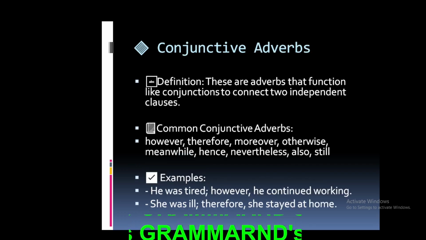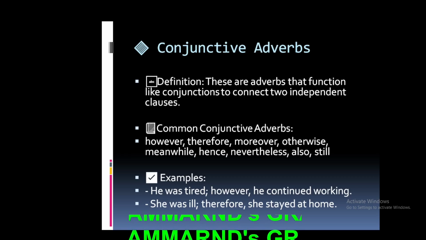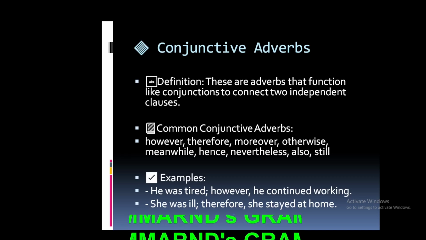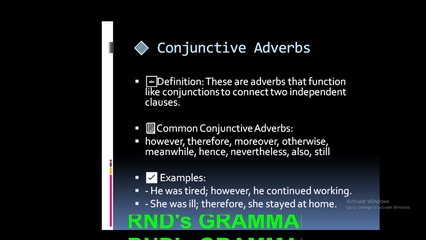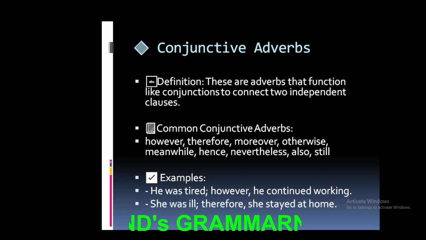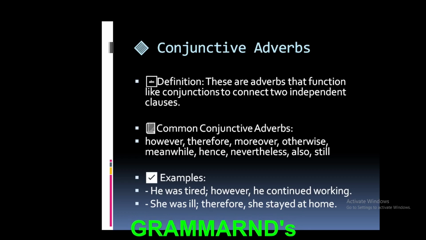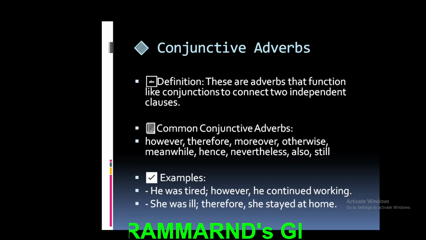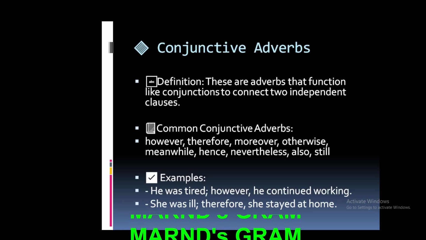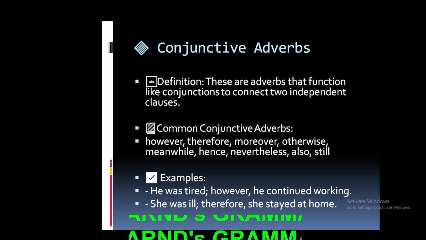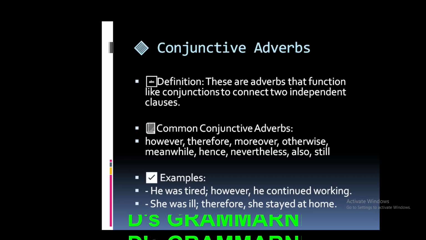Next, conjunctive adverbs. Definition. These are adverbs that function like conjunctions to connect two independent clauses. Common connective adverbs or conjunctives: however, therefore, moreover, otherwise, meanwhile, hence, nevertheless, also, still.